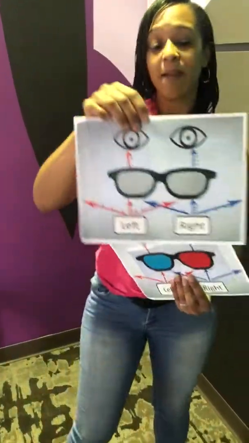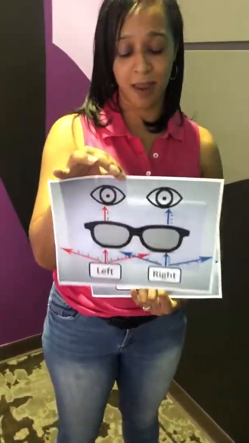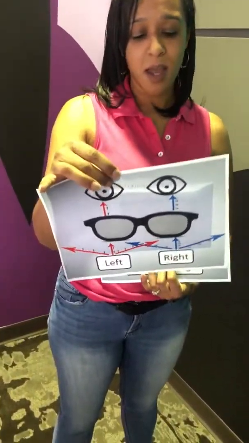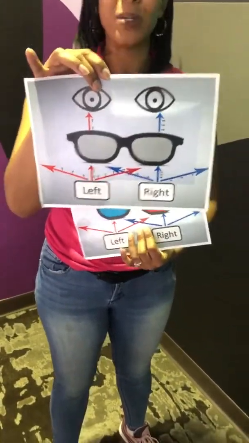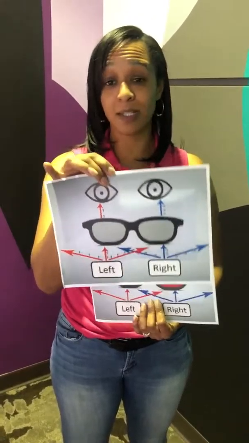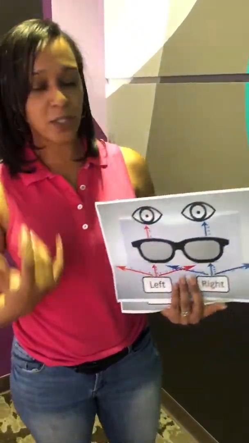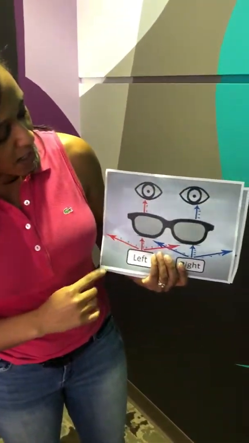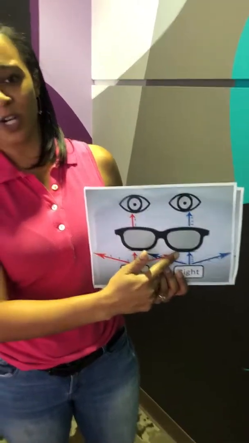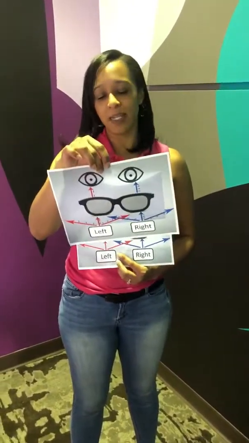All right, so then we have the polarized 3D glasses. This is the most common type of 3D glasses. These are what we see today when we go to the theater to see a movie. And it just kind of jumps off the page at you. And as you can see, like we talked about the last pair of glasses, they don't have the different colors anymore like the old school glasses used to have. It's not even necessary anymore.